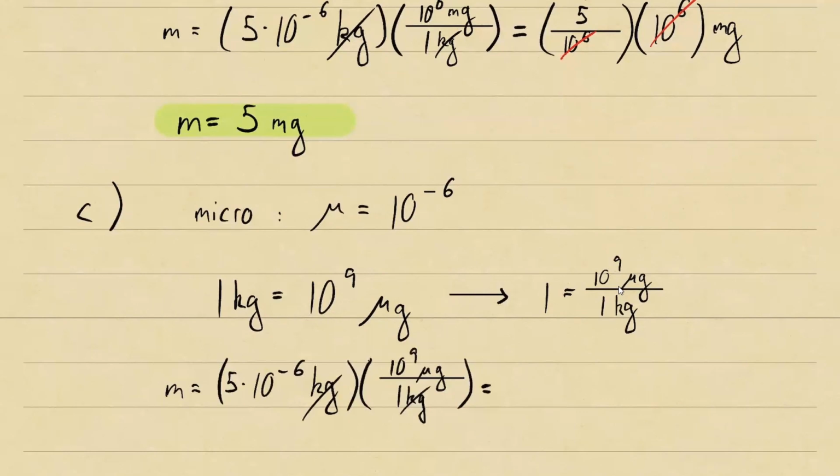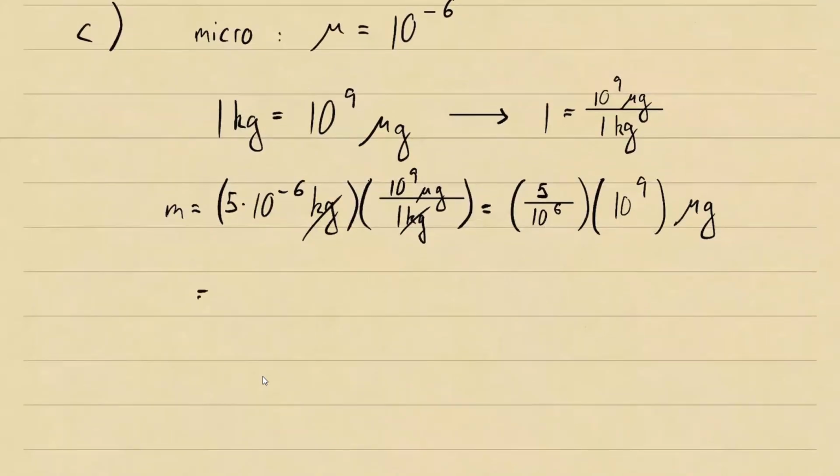So again, converting this first thing in parentheses, this is equal to 5 divided by 10 to the negative 6, or 10 to the 6, excuse me. And then we have 10 to the 9. It's going to be in units of micrograms, because that's the only thing remaining after our unit conversion.